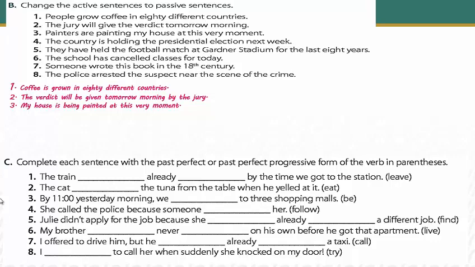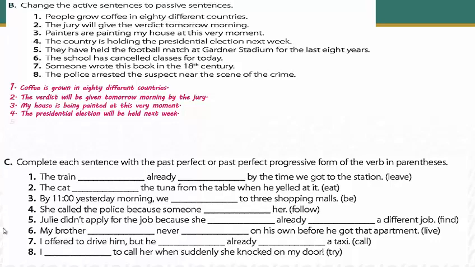My house is being painted at this very moment. This is present progressive. Number 4, the country is holding the presidential election next week. What tense is it? Exactly, the future simple. So, the presidential election will be held next week.